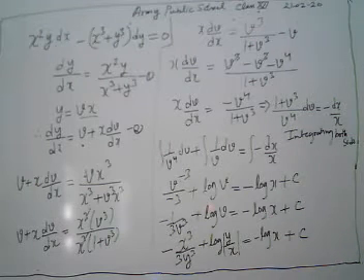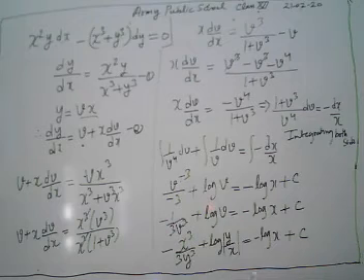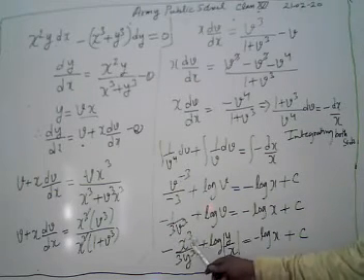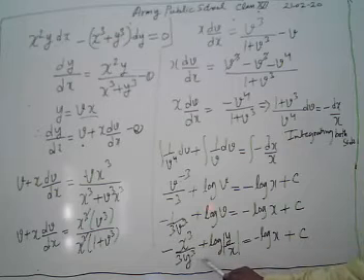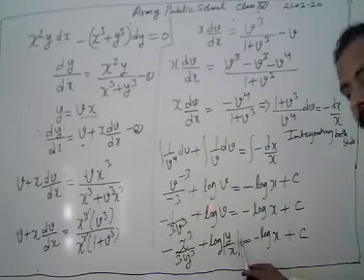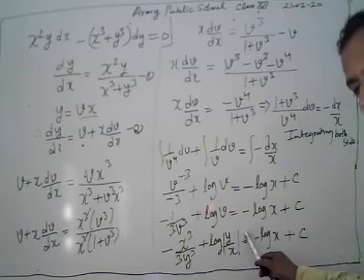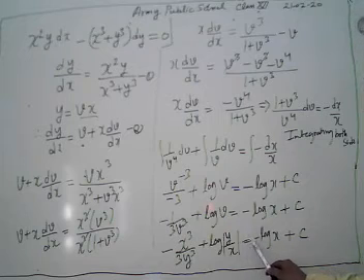Now look, I'm not going to solve it further, I'm just going to explain. Here we have minus x cube upon 3y cube plus log y by x. Solving further, it's log y minus log x equal to minus log x plus c.